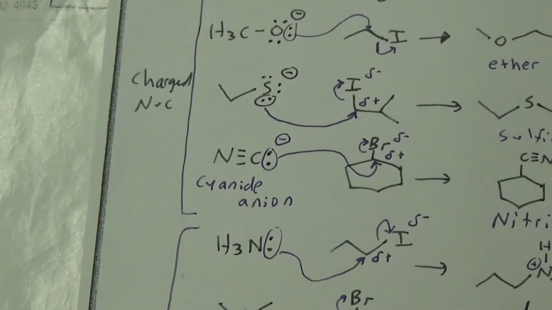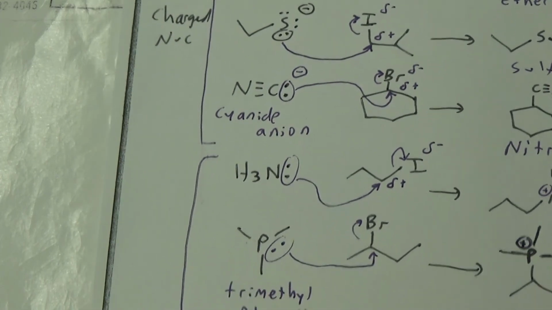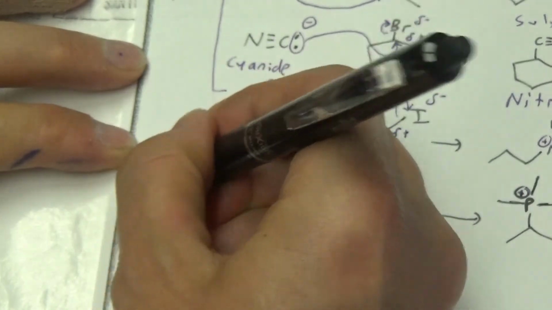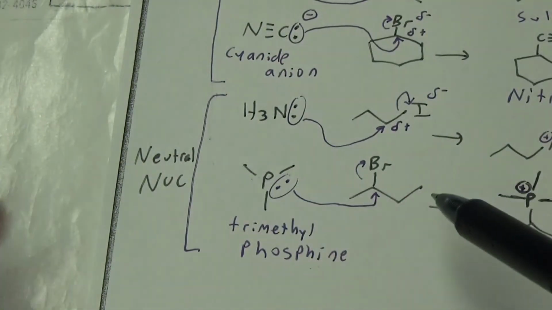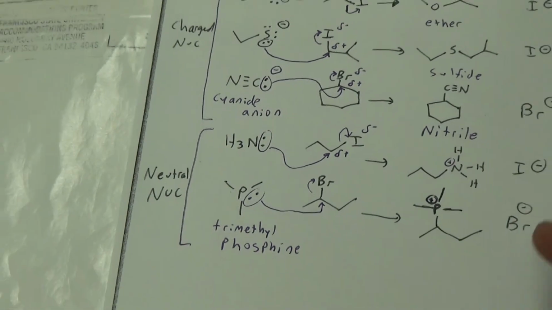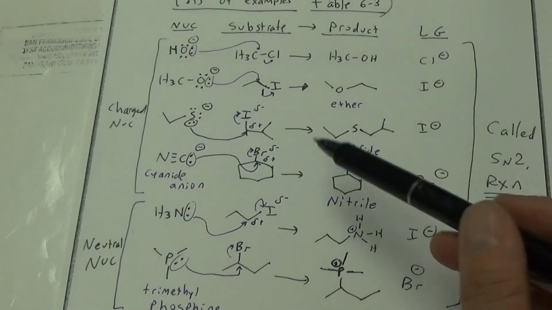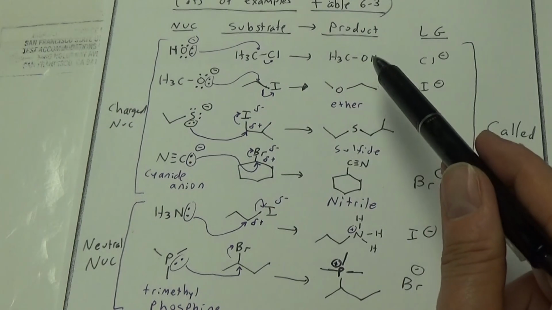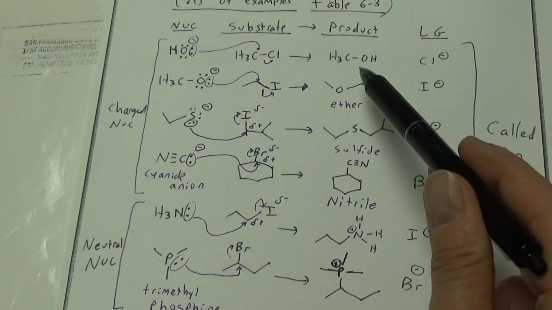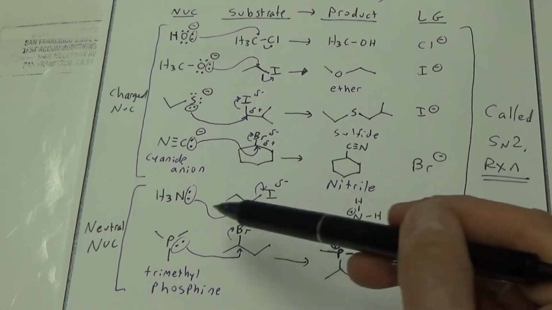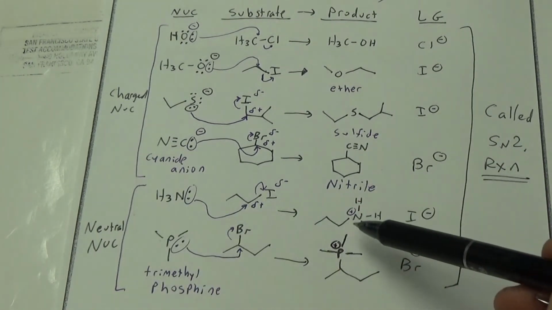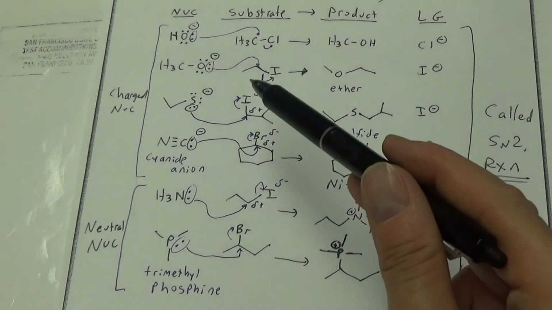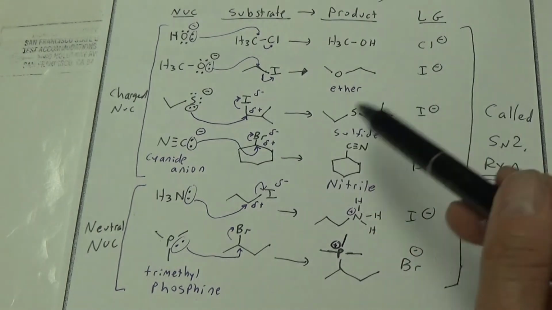All of those are negatively charged nucleophiles, and these ones are neutral nucleophiles. The only difference between those is that it kind of changes the charge of the product. With the charged nucleophiles, you get neutral products. With the neutral nucleophiles, you get charged products. But in all cases, the charge on the left matches the charge on the right. Okay?